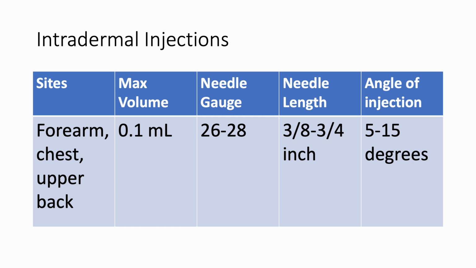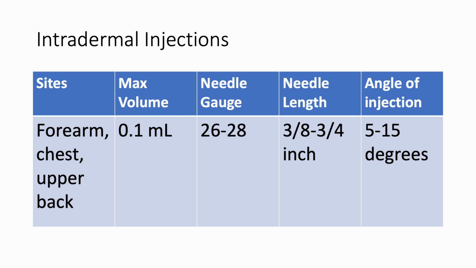So when we are doing that type of testing and we are inserting that medication, it's going to make a bleb or a wheal. That's what we want to be there, okay? So after that injection, we want to make sure that we apply absolutely no pressure to that area, because if you start to push down, like push the blood, so you're applying pressure because it's bleeding a little bit, the rest of the layers of the skin are going to absorb that medication, and we don't want it to absorb it because we want the body to potentially have a localized reaction to that medication, okay?